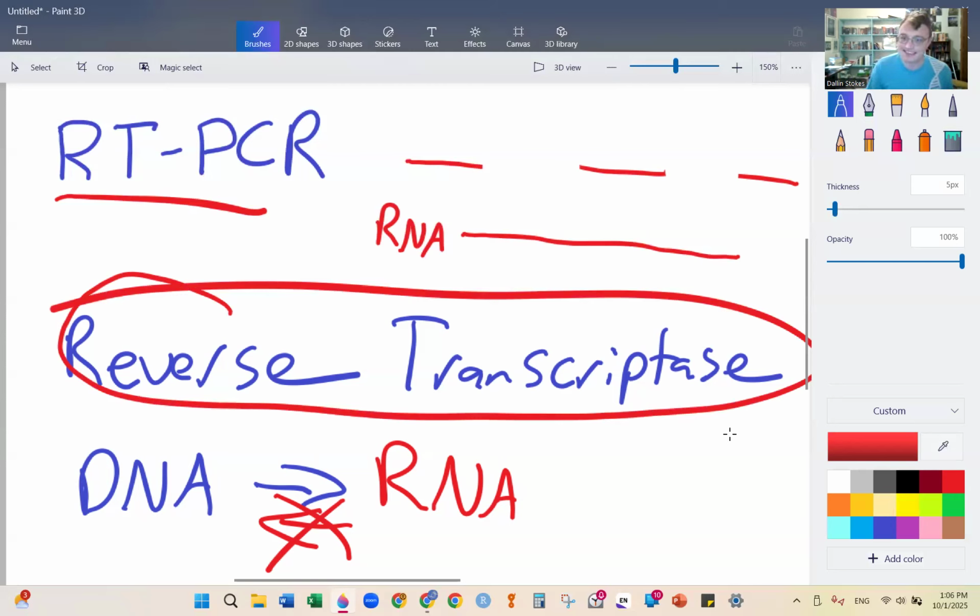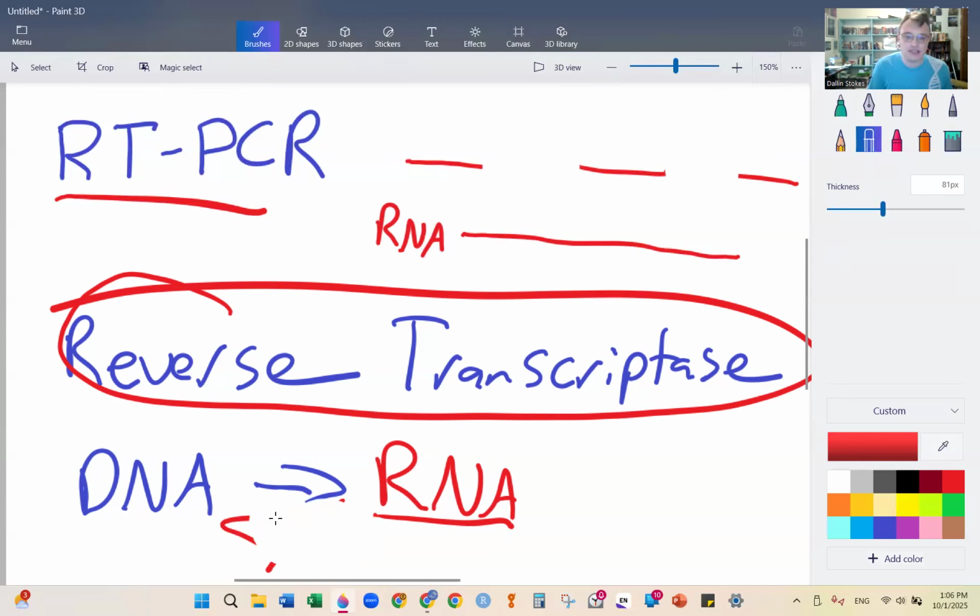That's essentially its job, except it has the ability to read RNA and convert it into DNA form. So with RT-PCR, we don't use Taq DNA polymerase. Instead, we use this reverse transcriptase in its place.